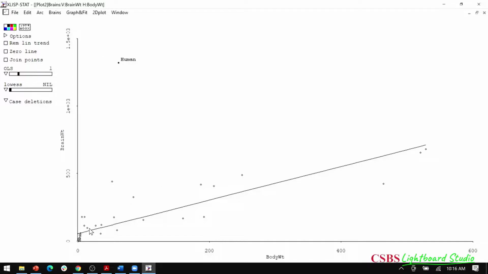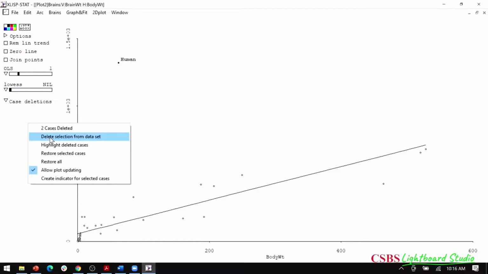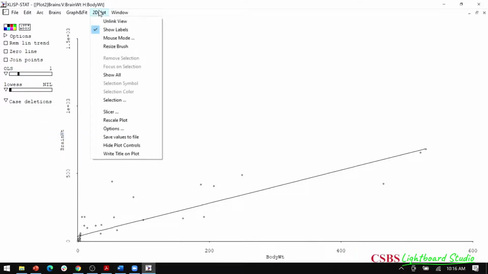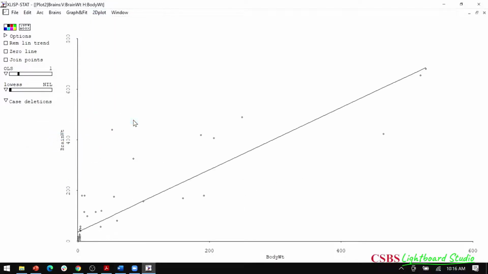They're not following along this distribution. And in just a second, I'll give a name to some of these qualities of where they are lining up. But for now, whatever is going on with this human, their body weight and brain weight is not quite matching up. So again, I can delete that selection, go back here, rescale the plot.